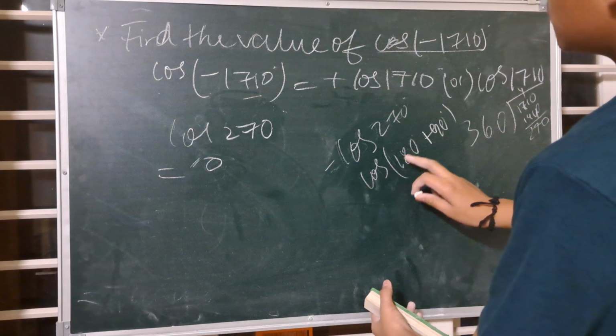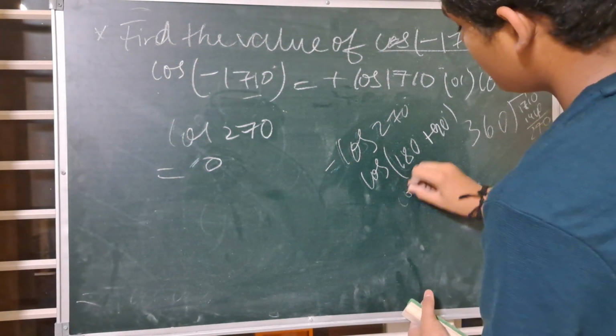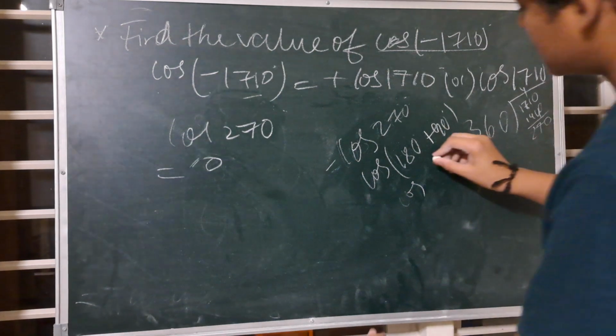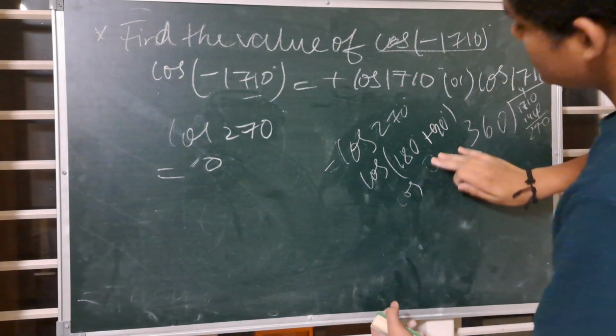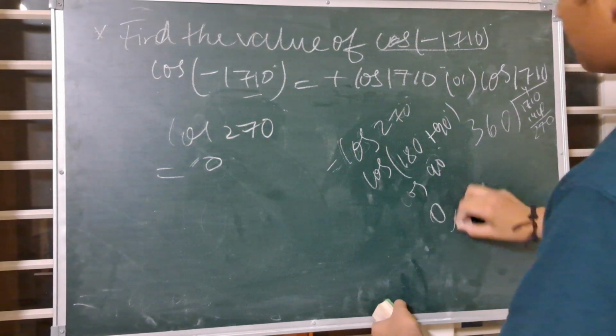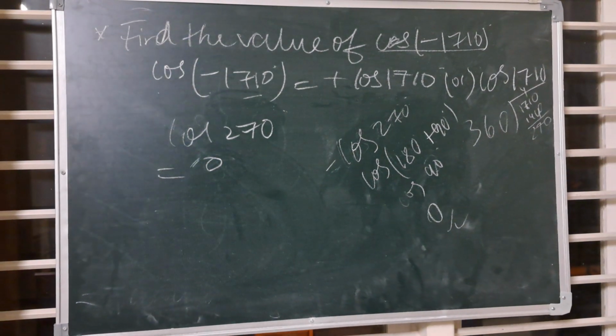So cos 180 means no change, cos only. So cos 90 degree value is 0. So the answer will be 0.